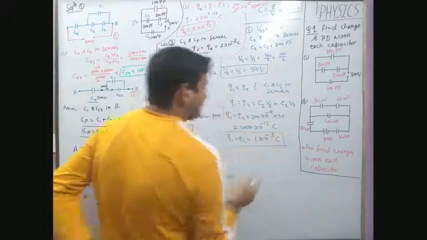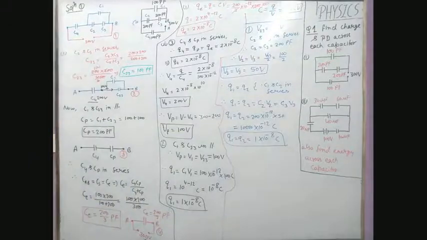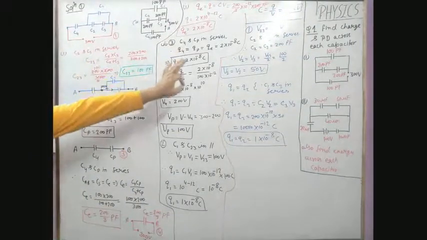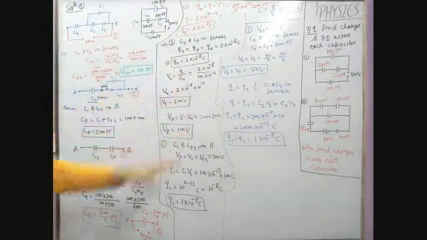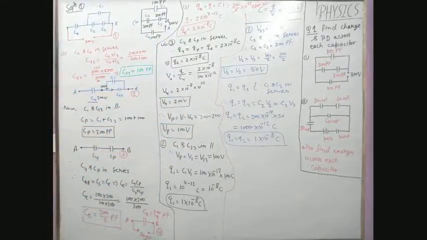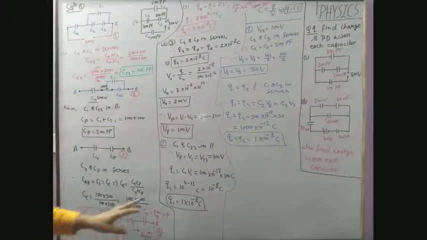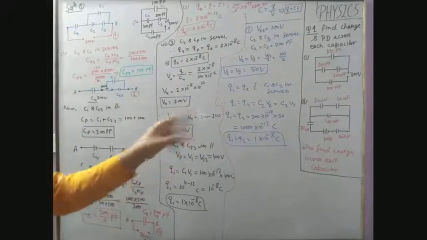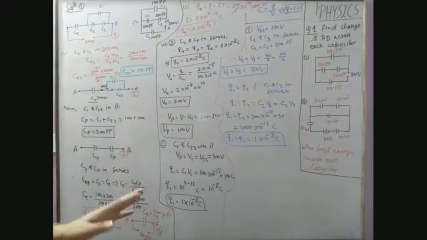So these are the values of individual capacitor charge and potential difference. This is how you can solve the numerical related to the distribution of charge and potential difference.